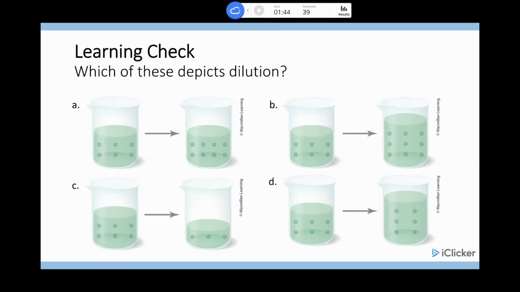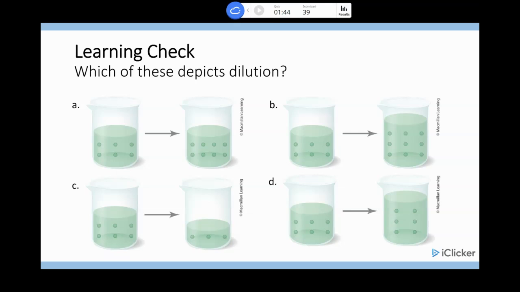All right, a little bit of a mix. So nobody picked A. Why isn't A dilution? Yeah, we added more solute. There's the same number of solvents. So actually what's happening in A is that we're getting more concentrated. What about C?